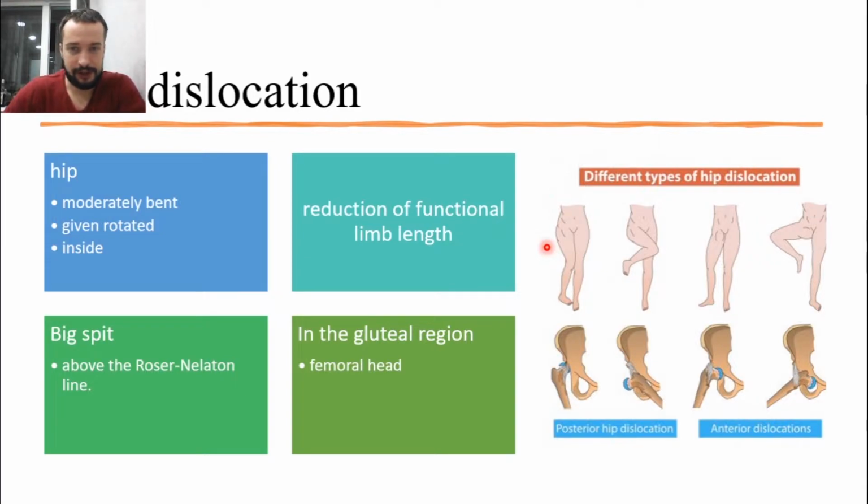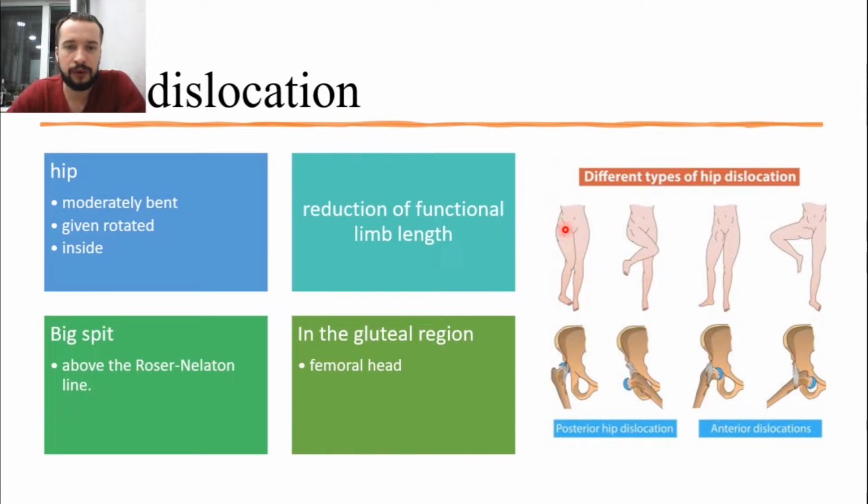A decrease in the functional length of the limb is noted. The greater trochanter is defined above the Roser-Nelaton line. In the gluteal region, on the dislocation side, the femoral head can be palpated.